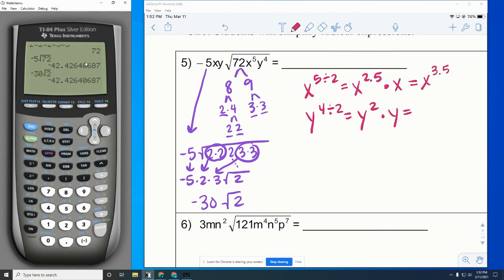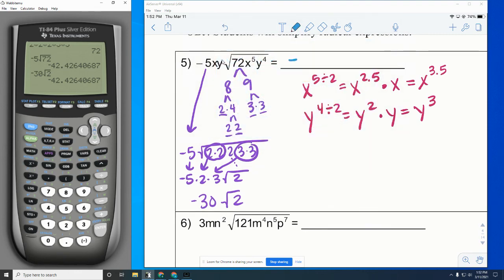So that would be a total of 3.5 and a total of 3. Remember our exponent rules, you just add. So 2.5 plus 1 is 3.5. 2 and the 1 is 3. And those come from what's already out here. So outside I have negative 30, 3 x's and 3 y's. On the inside I have a 2 and an x.